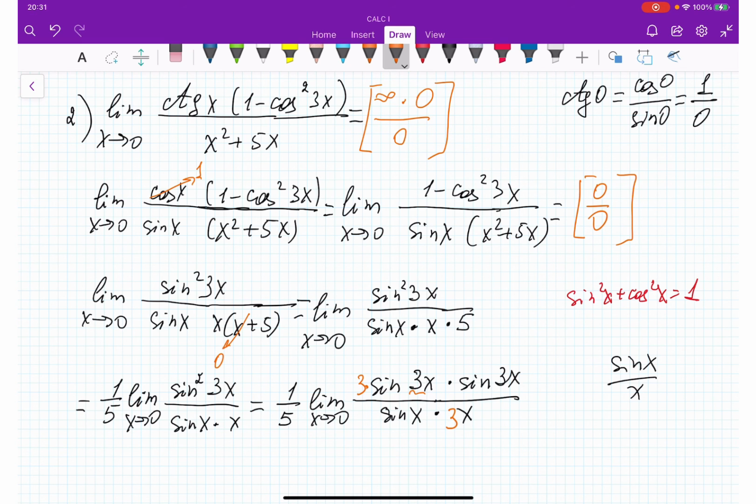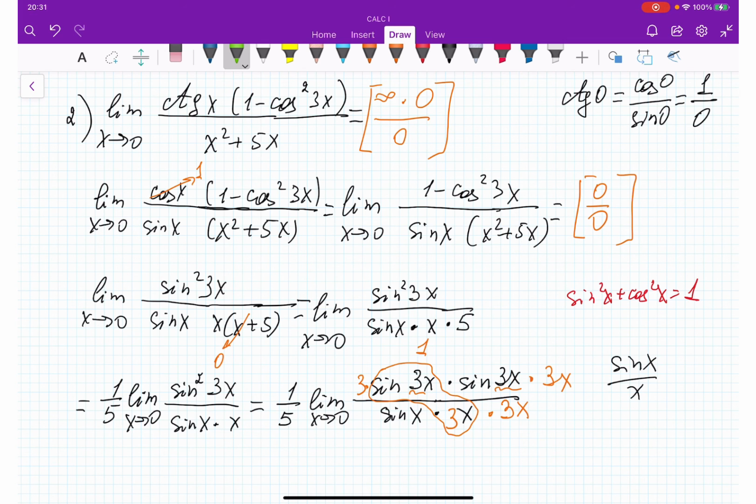Not to disbalance. Here I have 3x, so I need the entire 3x here, and then times here also 3x. And what do we get here? Sine 3x over 3x is going to be equal to 1 as x approaches 0.